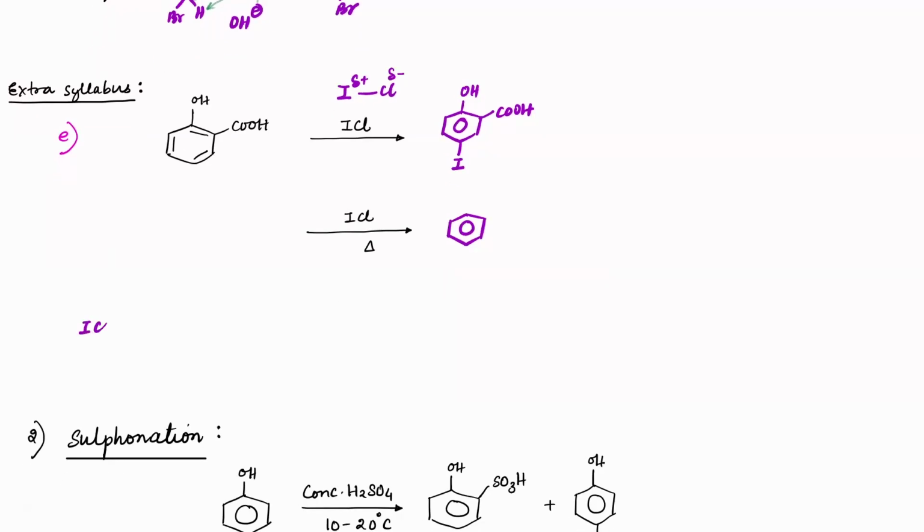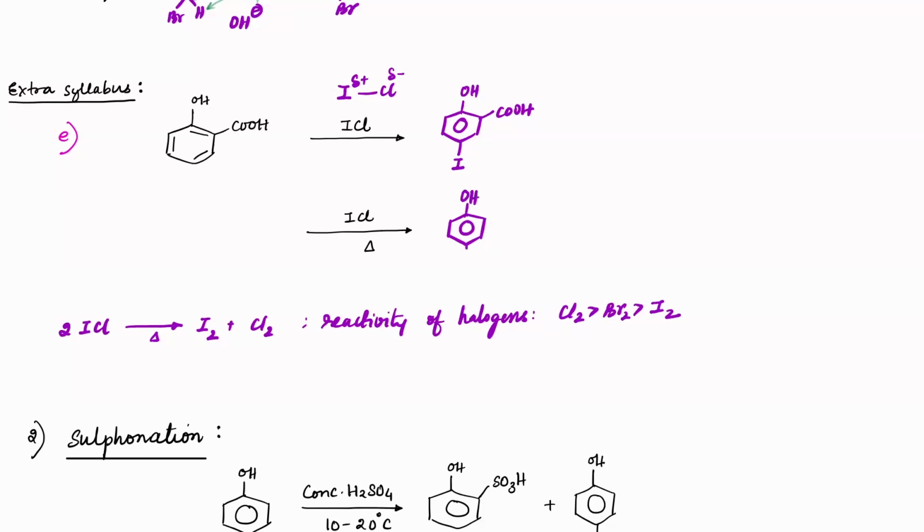What happens is that ICl on heating, 2 moles of it will decompose into I2 and Cl2 gas. And when it comes to the direct reactivity of halogens towards benzene, you will notice that Cl2 is more reactive than Br2, which is more reactive than I2, which means instead of getting iodine as the substituent, now you'll get chlorine as the substituent here. Chlorine will get accepted at the para position.